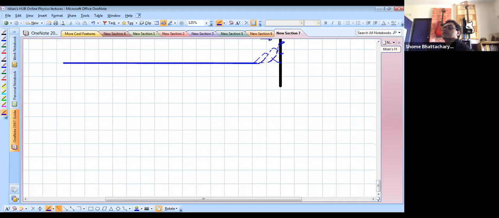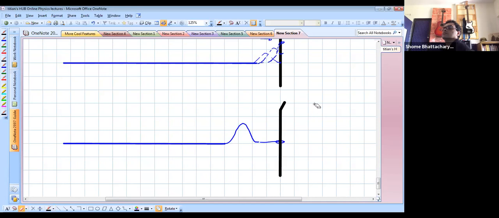Eventually, when it returns back, it is in the same phase. There is no phase inversion.